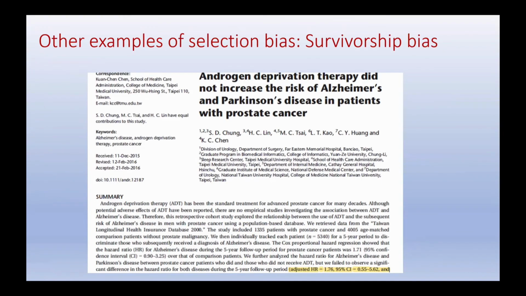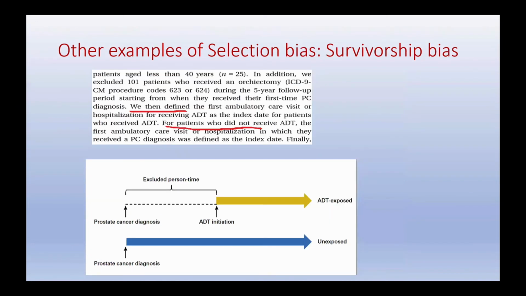And another example is ADT in Alzheimer's disease. Just like confounding, which has different shapes and forms, so does selection bias. One form of selection bias is called survivorship bias, which can be shown in this specific study.